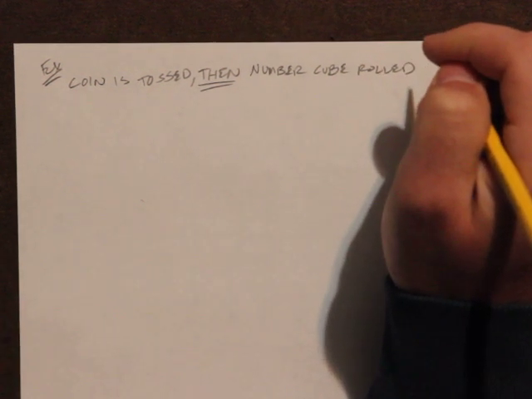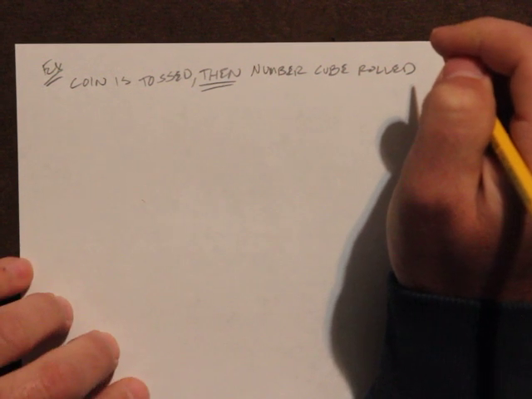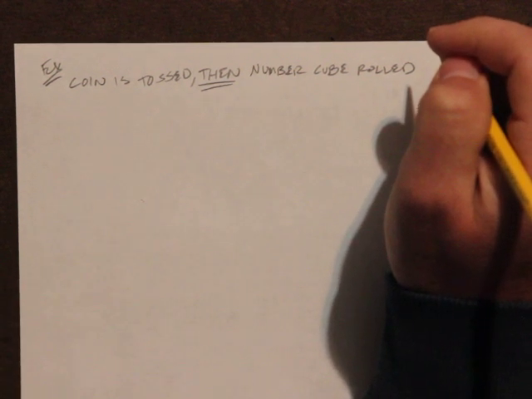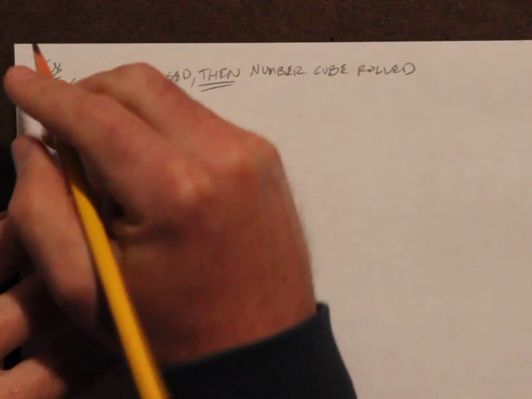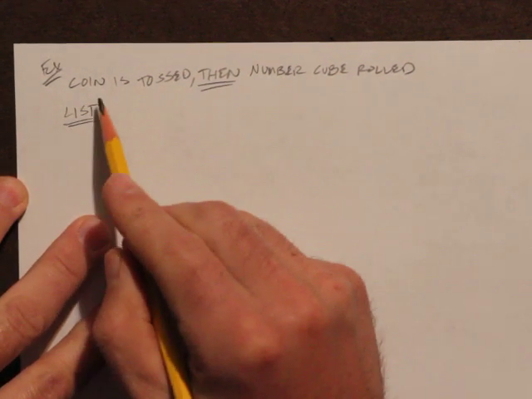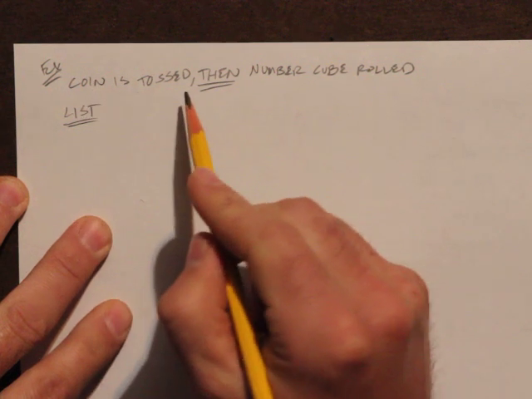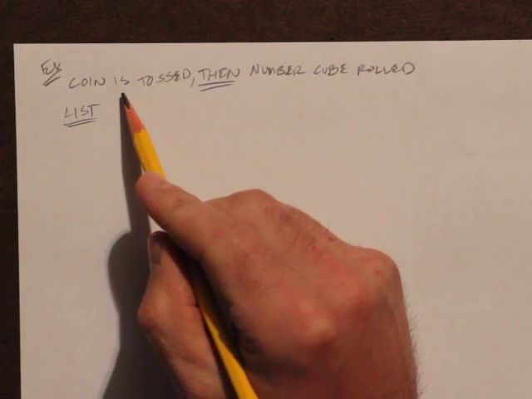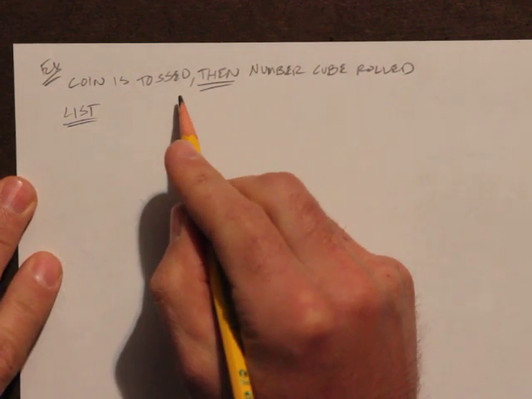All right, so we're going to do the list, we're going to do the table, and we're going to do the tree. So for the list, I toss a coin, and I can get heads or tails.